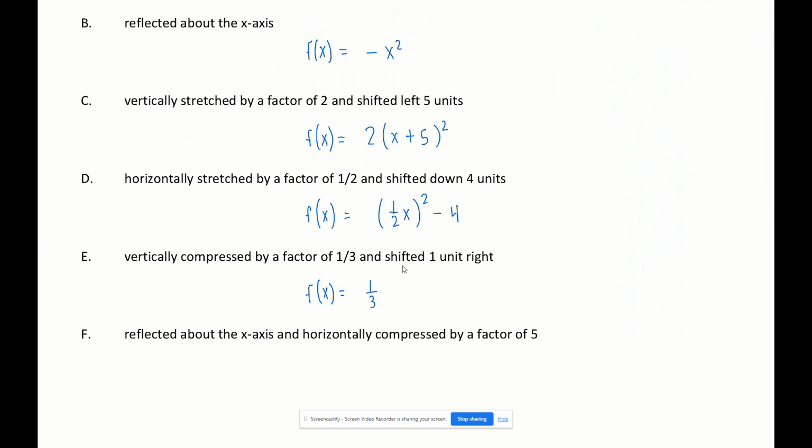Well, what does this say? It shifted 1 to the right. Well, there it is. That's horizontal shift. Horizontal shift has to happen inside. Okay, remember the rule. If it looks like it's a positive or 1 right, I think positive 1. But we know it has to be the opposite. So it's 1/3 on the outside times x minus 1 inside squared.